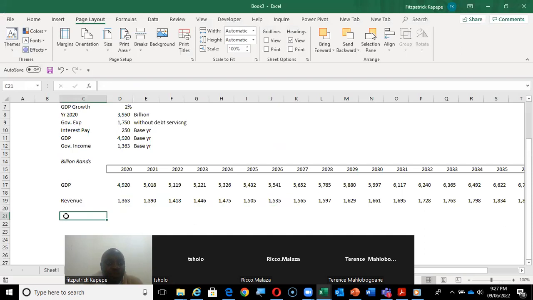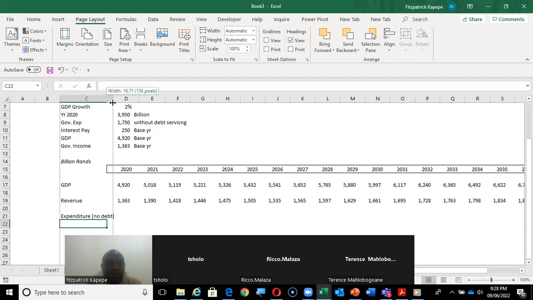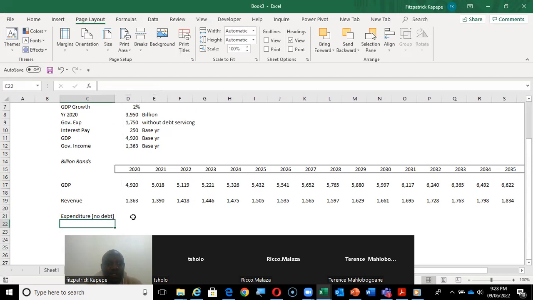So now we'll show expenditure, no debt servicing. We'll have this 1750 there.